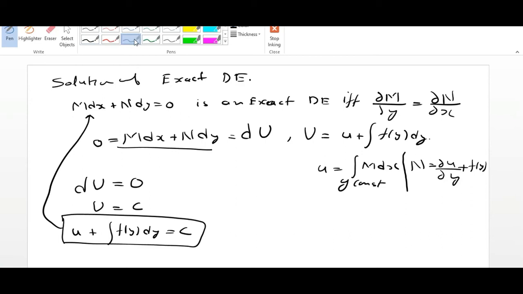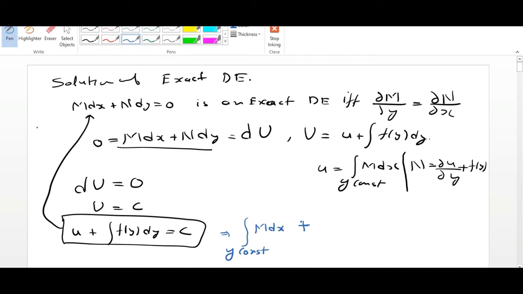Moreover, we know the value of u. Now I'm just putting the values of the variables. Now u is the integral of M dx treating y as constant, plus the integral of f(y) dy.